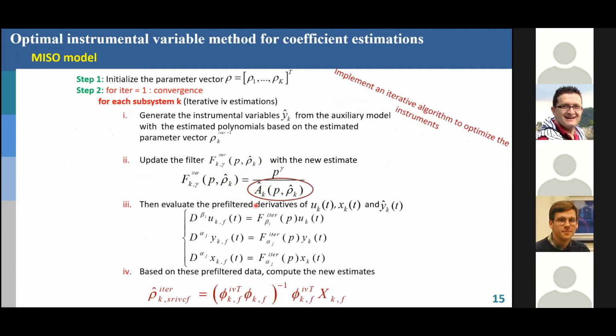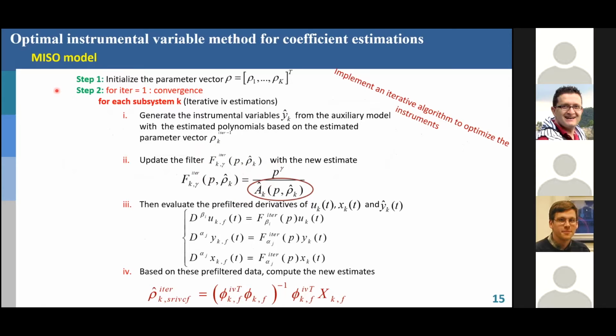Here I'm going to summarize the algorithm. We're going to implement an iterative algorithm to optimize the ensemble. We start with the initialization of the parameter vector rho, and we have two loops.